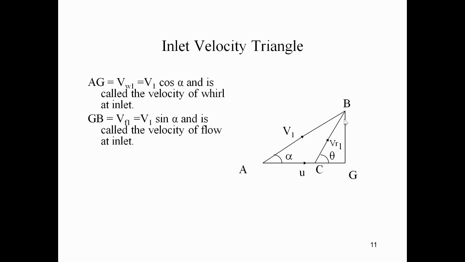Next there is BG, or GB. So it is equal to VF1. Why is it 1? Because we are considering the inlet of the vanes.